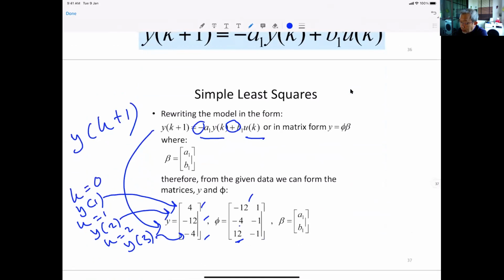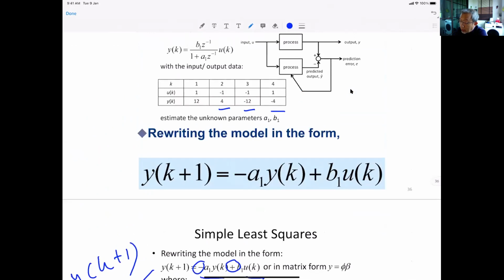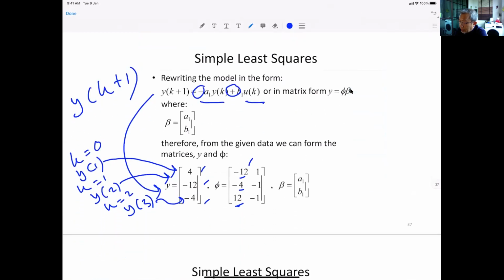So we get the first column. And then the second column is the B1 uk, so it's a positive. Directly you can take from the input, which is 1, minus 1, and minus 1. You insert it directly into the second column.